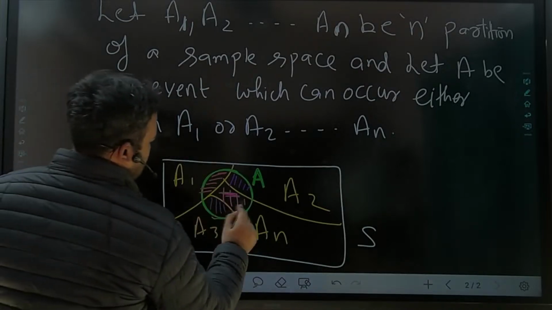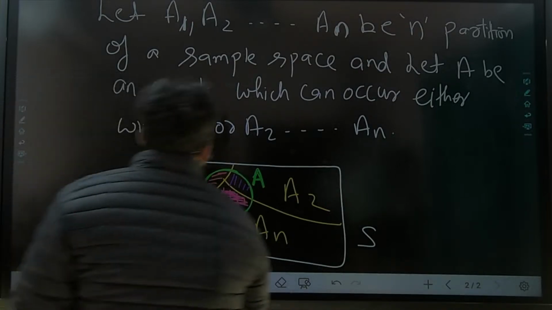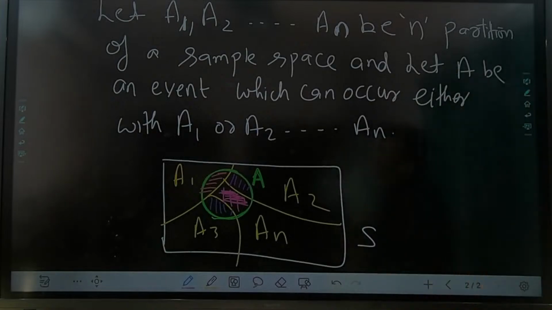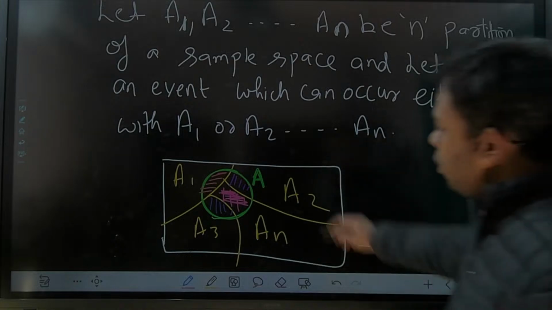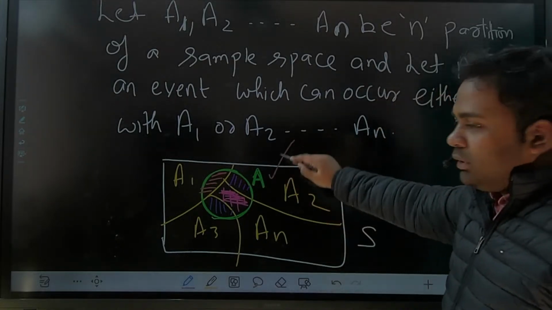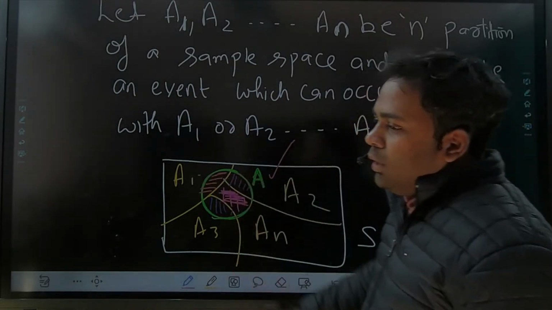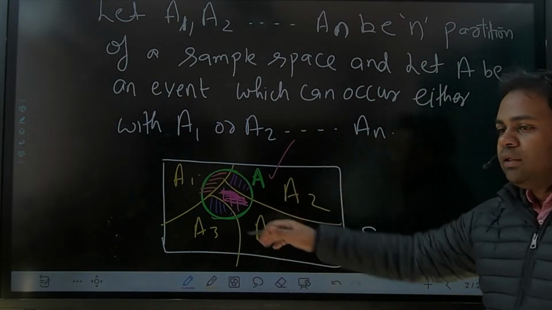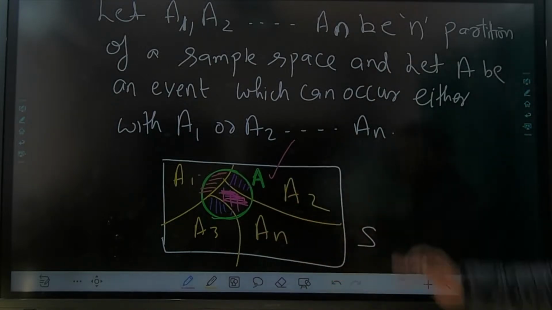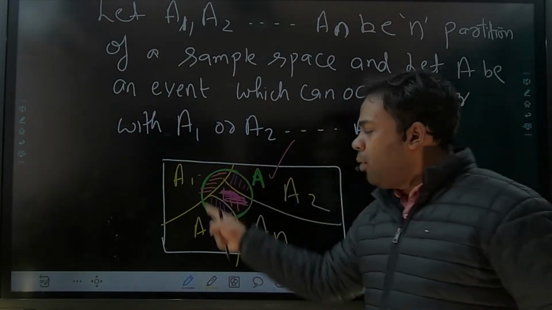Then I want to know what is the total probability of A, because A is coming from all the partitions. Because A can happen with A1, A2, A3, A4, A5, nth event, I want to know the total probability of this to happen.